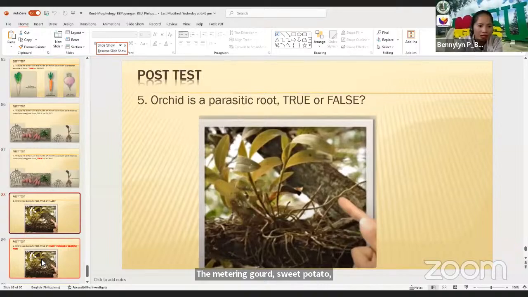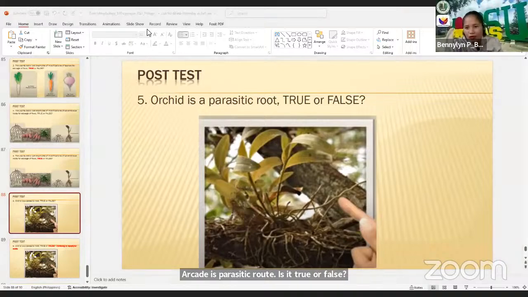Okay, lastly, this is the last question. Orchid is a parasitic root. Is it true or false? Okay, answer true. Any more? There is no maybe, only true or false.